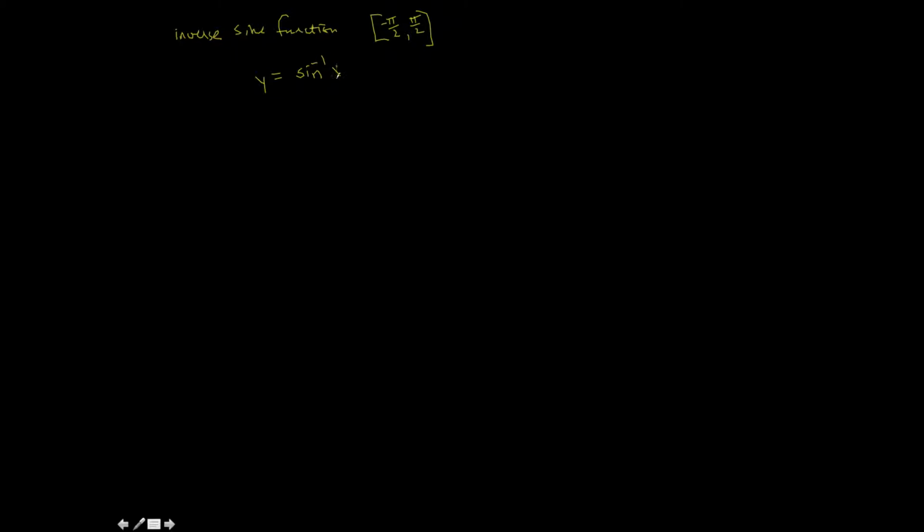This is how we write it, inverse sine of x, or we can write it as y equals arc sine of x. Arc sine and inverse sine mean the same thing. Okay? So either way.